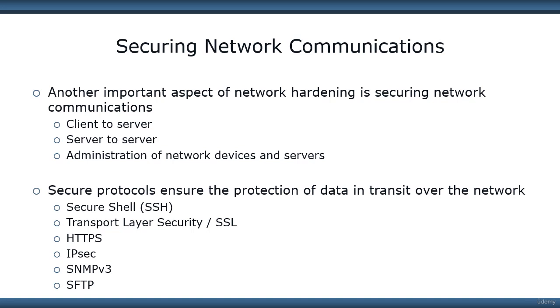IPsec, we mentioned in conjunction with VPNs. It can also be used internally in what's called a transport mode to protect protocols that don't provide an inherent level of protection. IPsec is actually a suite of protocols that provides mutual authentication and data encryption between two endpoints. SNMP version 3 supports stronger encryption and community names that allow us to secure the SNMP protocol, and SFTP is FTP with SSL.